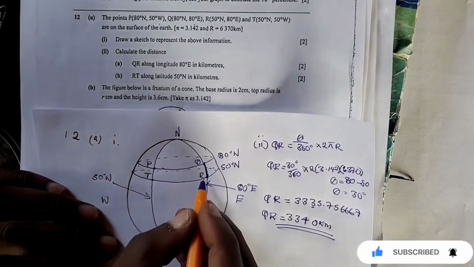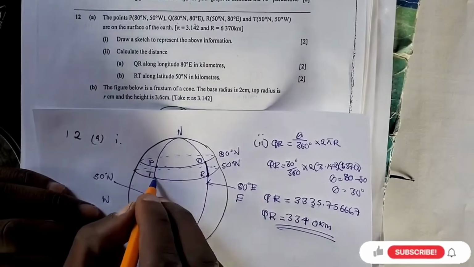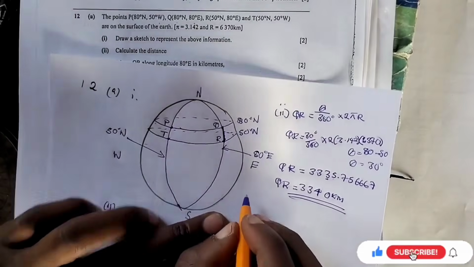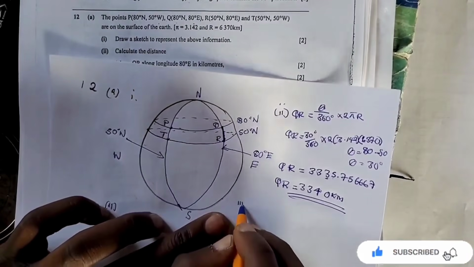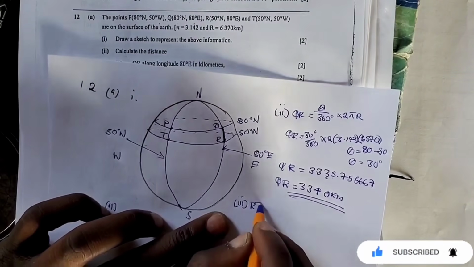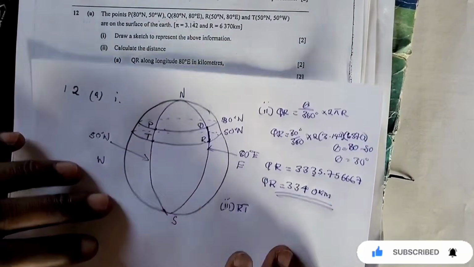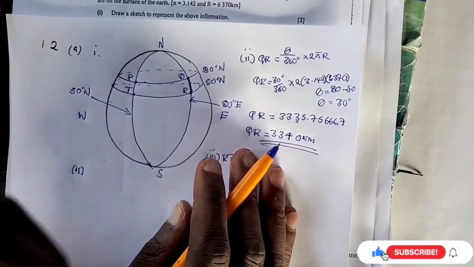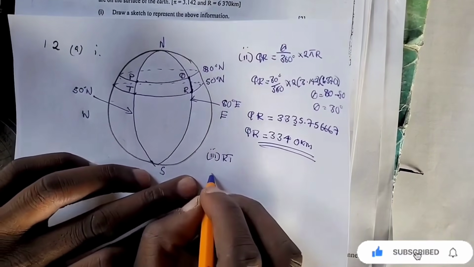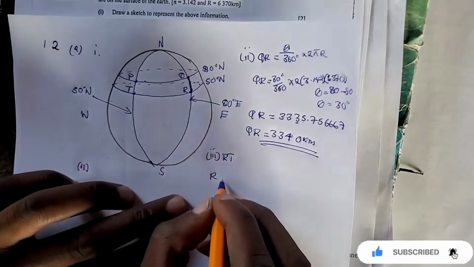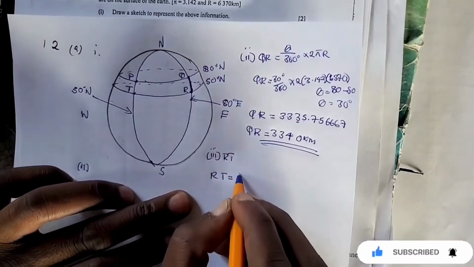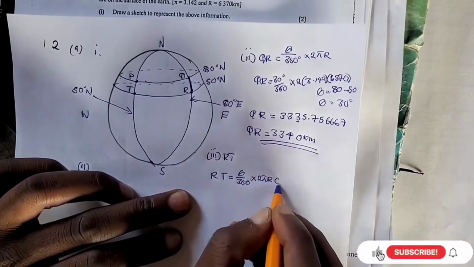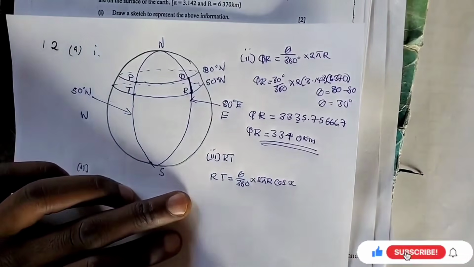We have another last one, RT. This is the distance along the line of latitude. So RT is a line of latitude. Then what's the formula? The formula is going to be RT equals theta over 360 times 2 times pi R cos X, right?